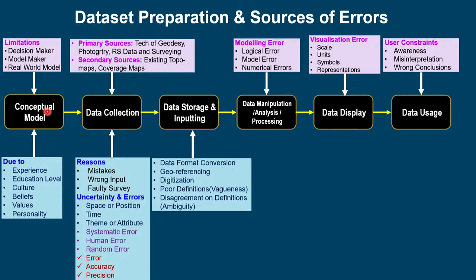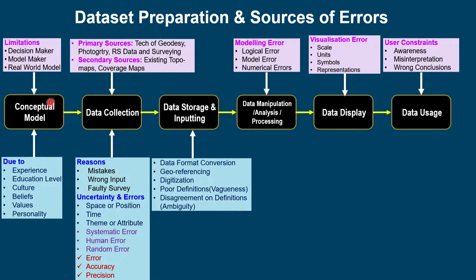This type of information is required for many regions. So first of all you will conceptualize, meaning some decision makers or heads of institutions or organizations conceptualize the model, and then the next step is data collection, where the job will be done by some other person, and the conceptualization of the model is done by someone else.